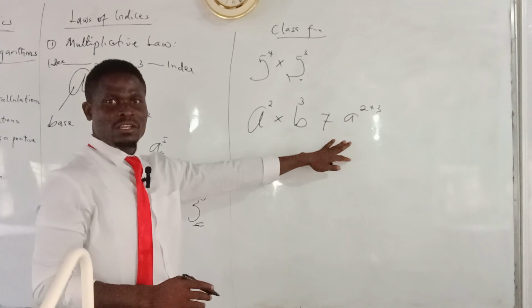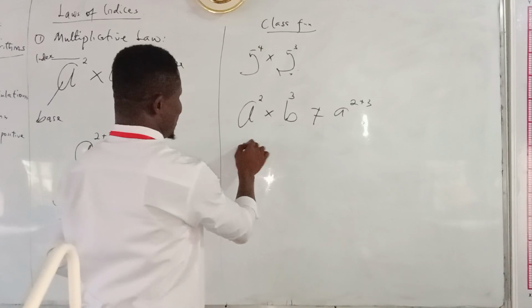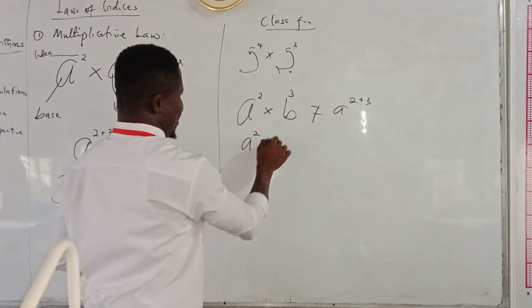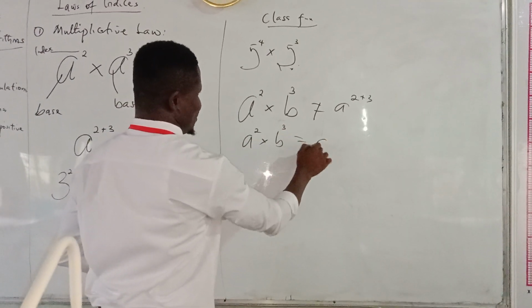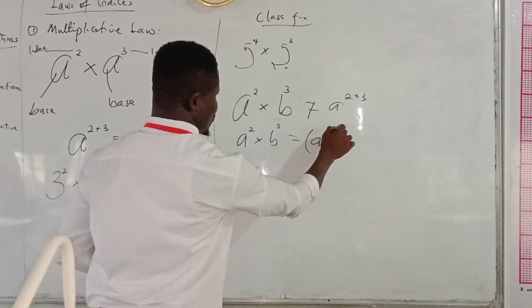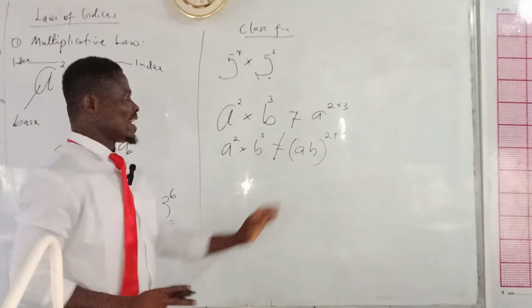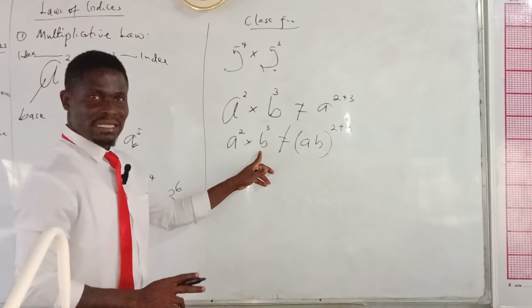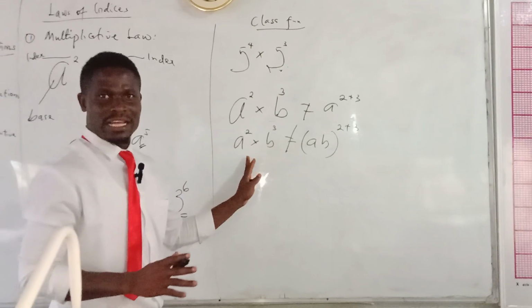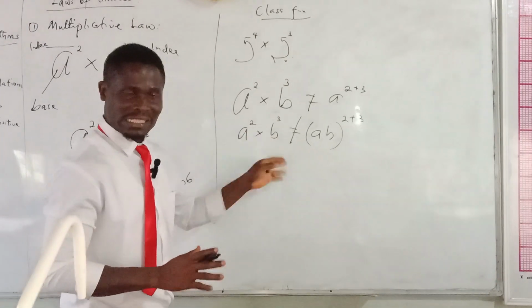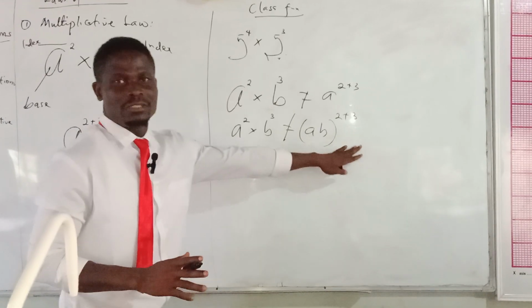Some person will also be tempted to say a raised to power 2 times b raised to power 3 is the same thing as ab raised to power 2 plus 3. It is also not correct. The reason is that a and b are not the same. They are two different letters, they are both bases, but they are not the same base. That's why you cannot follow this.